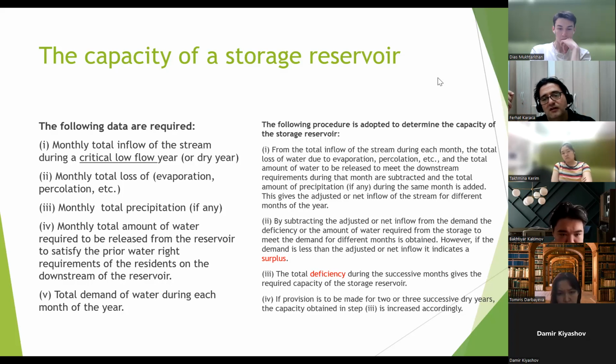But 2 years later, in the third year, you had plenty of rain, a very wealthy year in terms of rain, with the highest amount of rainfall. So as an engineer, which year of data would you use to make a reservoir design, the drought period or the wealthy period? Do you have an idea, guys?